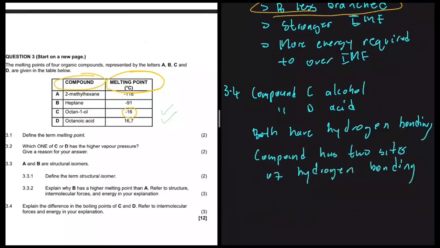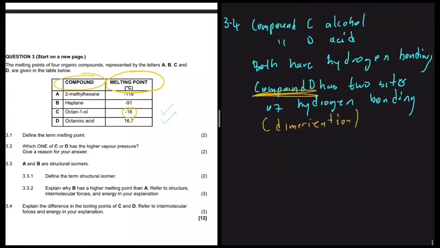Now the question you're asking yourself might be, wait a minute, what are we talking about? Why are you saying compound D has two sides of hydrogen bonding? That is because acids can go through a process called dimerization, right? And then alcohols cannot.